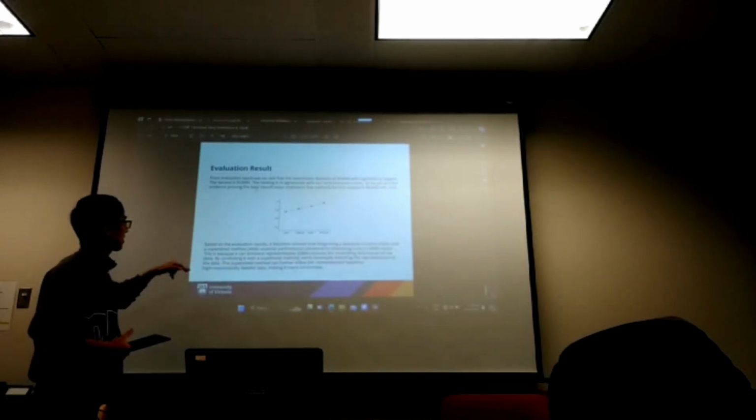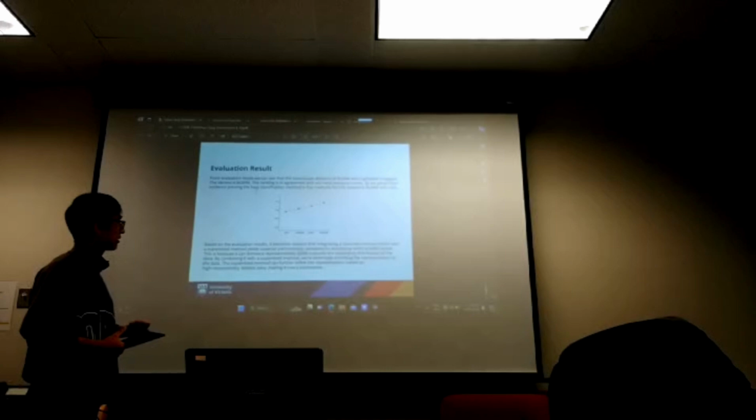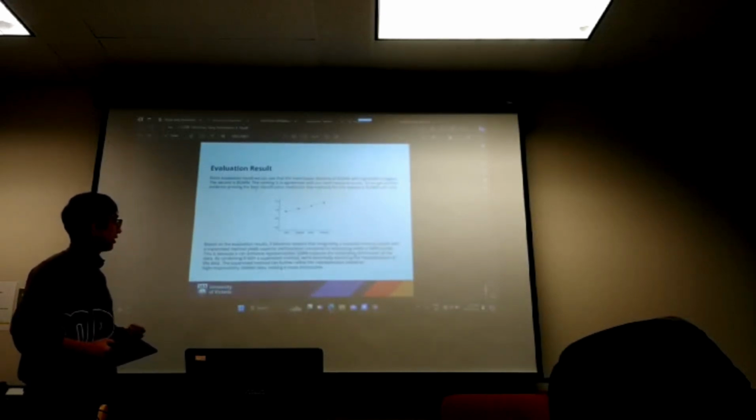Also, based on the evaluation results, it becomes evident that integrating a Gaussian mixture model with a supervised method has better performance compared to employing one single GMM. This is because it can enhance representation.